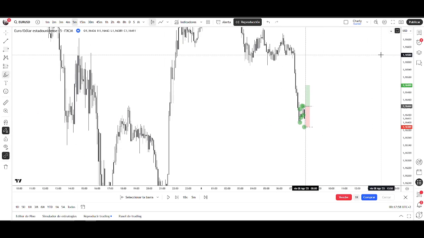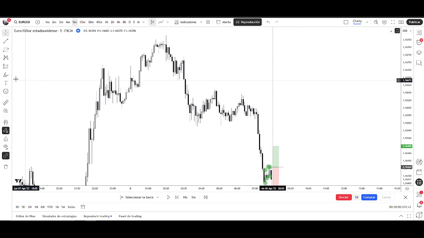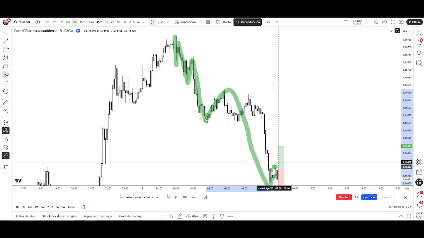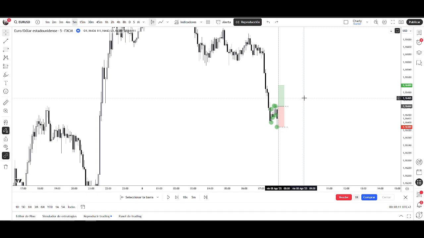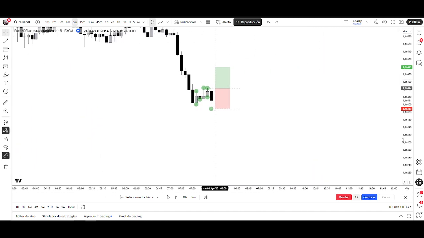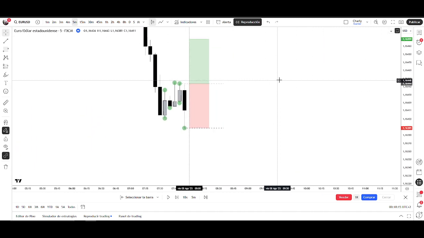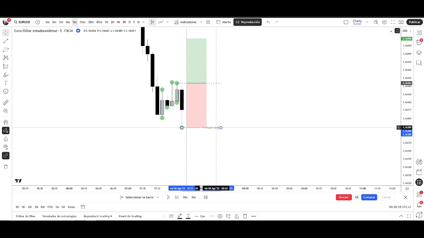In fact, we have, let's say, 1, 2, 3, 4, and the 5th. We have obviously more than 3. Therefore, the bearish rule of the third impulse is not valid. So the only option that we have here is the bullish break of structure.